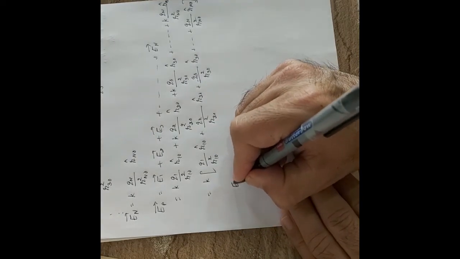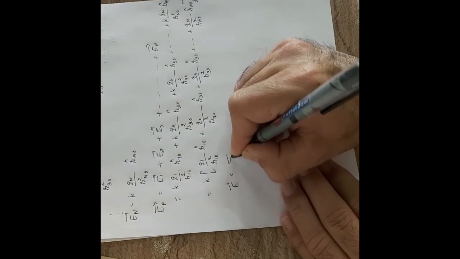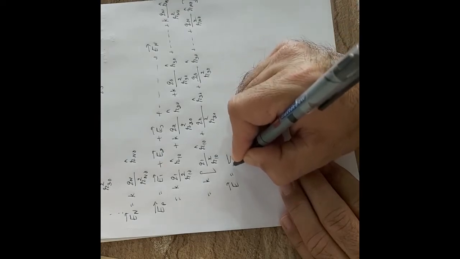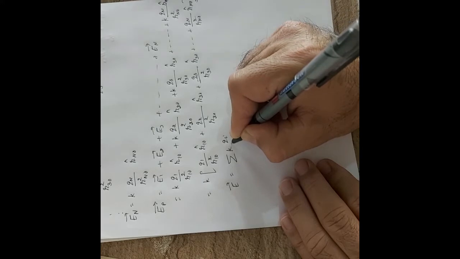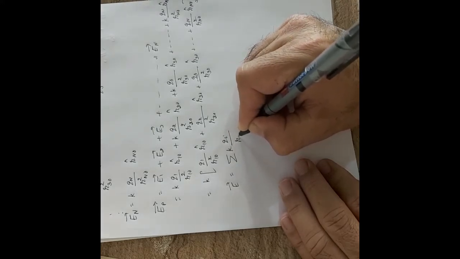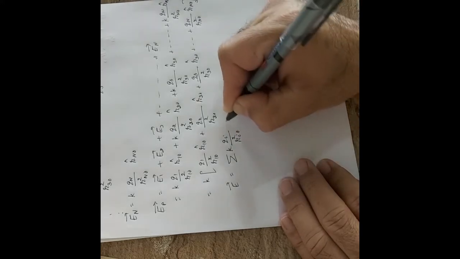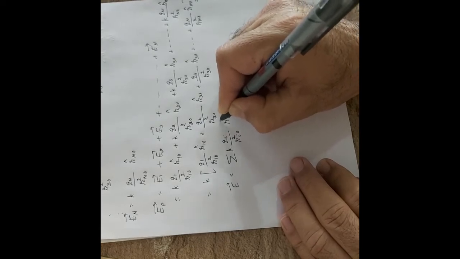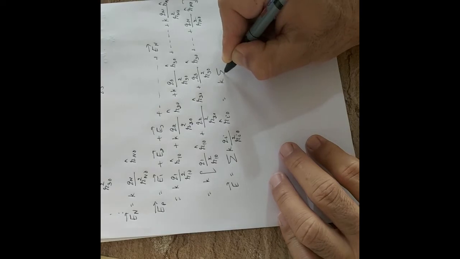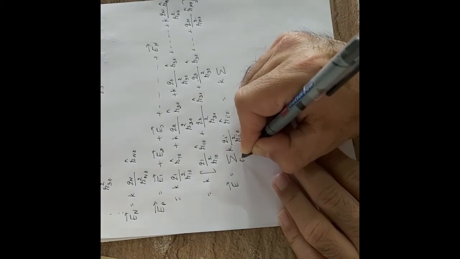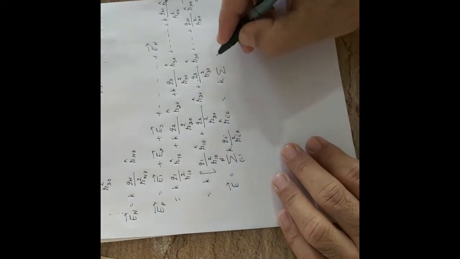So what will that be? E equals summation of k qi divided by Ri0 squared, Ri0 cap. K is a constant, so it can be taken outside. And what is the value of i? i varies from 1 to n.